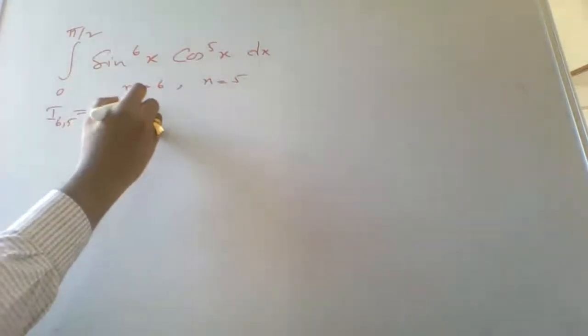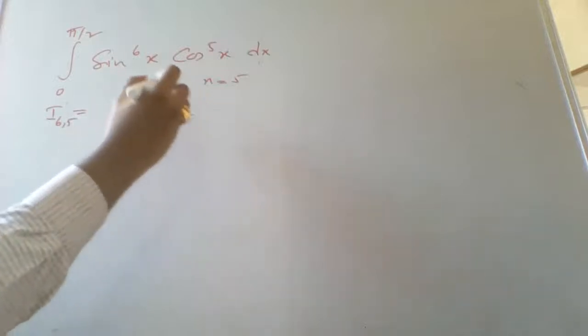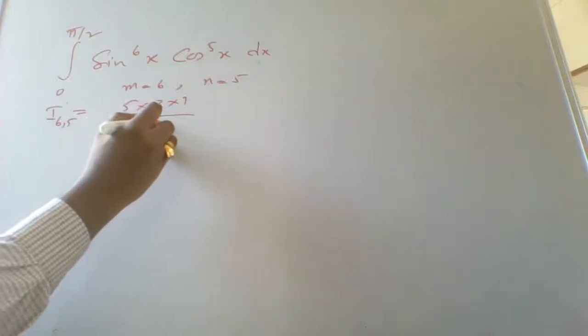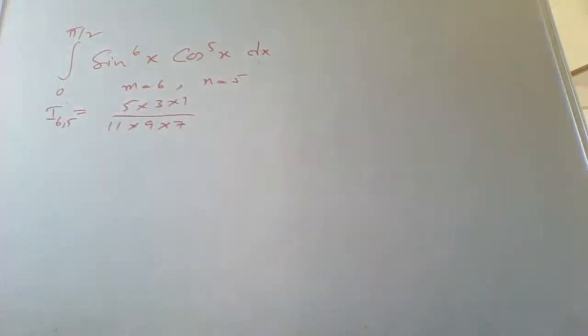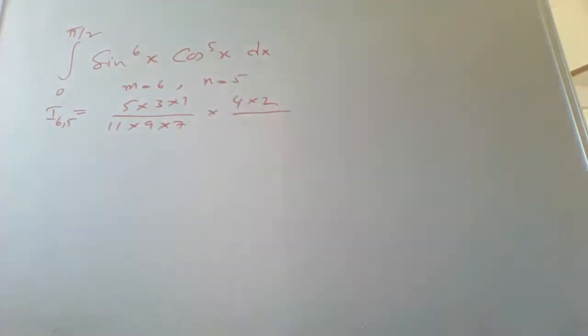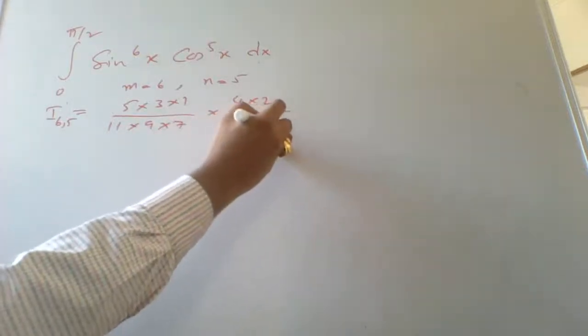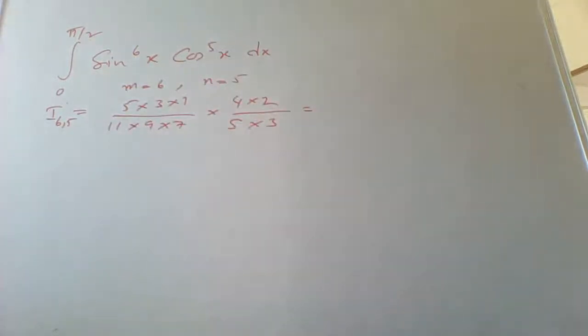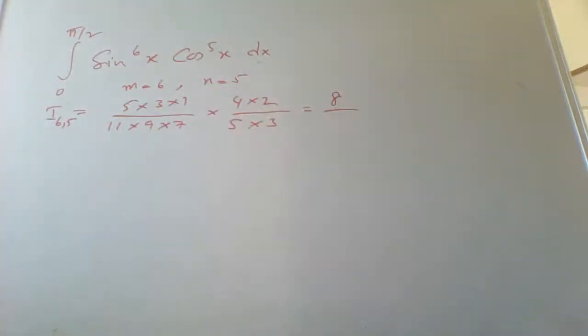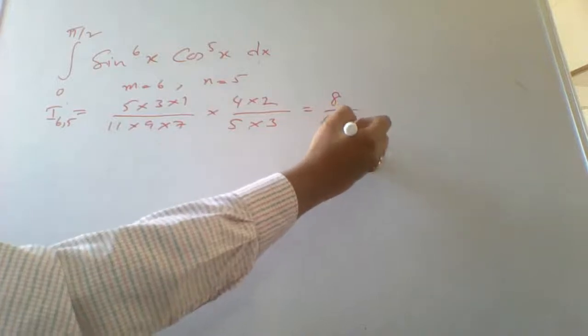That would be 5 into 3 into 1 for the numerator, and in the denominator I'll have 11 into 9 into 7. So m being even and n being odd, it multiplies with 4 into 2 divided by 5 into 3. When I simplify it, I get 8 divided by 693. So that is the solution.